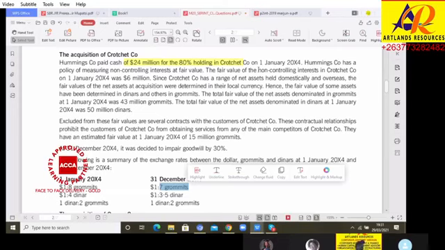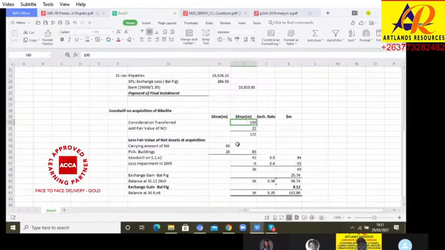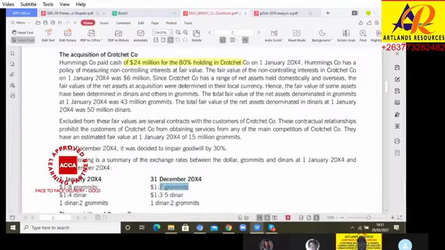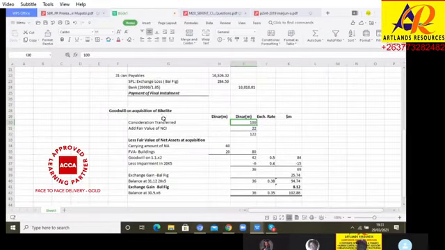But you are told that it paid $24 million, and goodwill must be calculated in foreign currency. So when you say consideration transferred, you don't say 24 million grommets, because these are dollars.